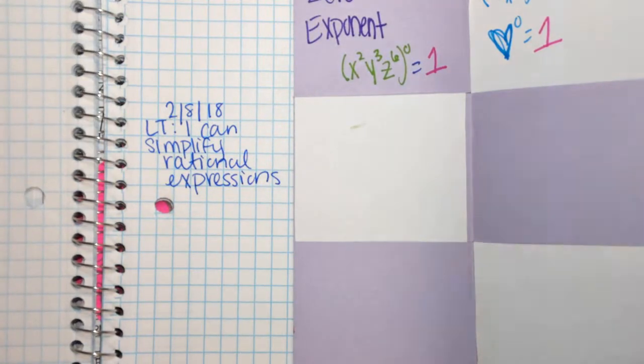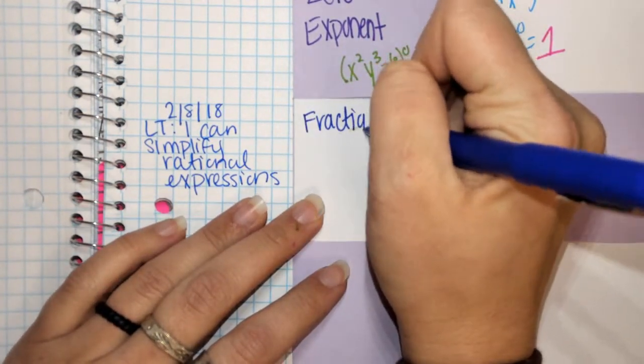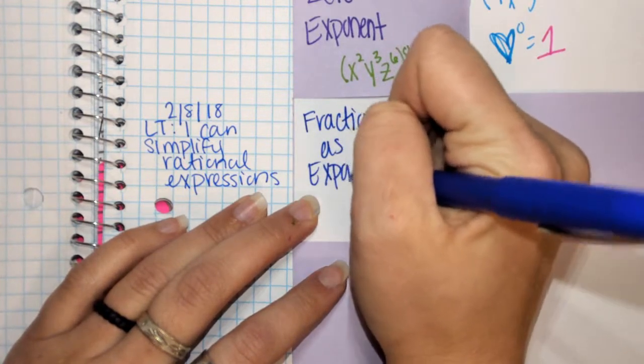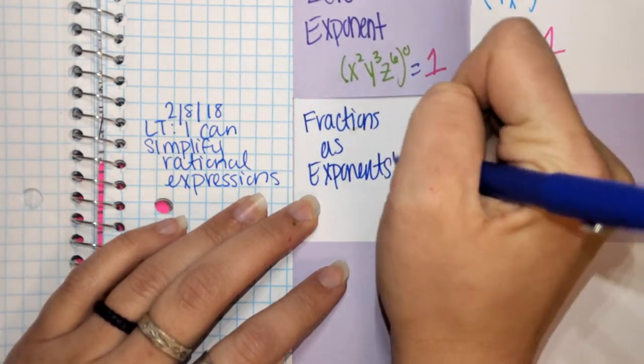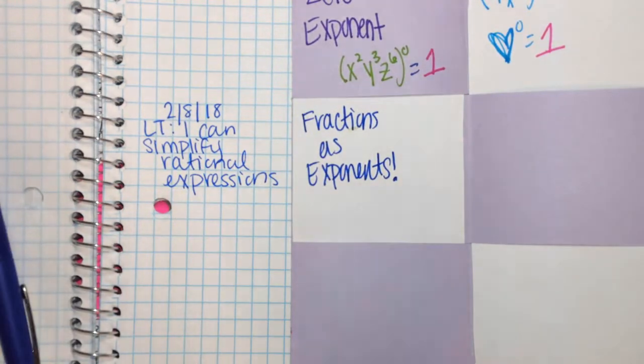So when you have fractions as exponents, you have to do something special. And when they are fractions as exponents, they are called rational exponents.